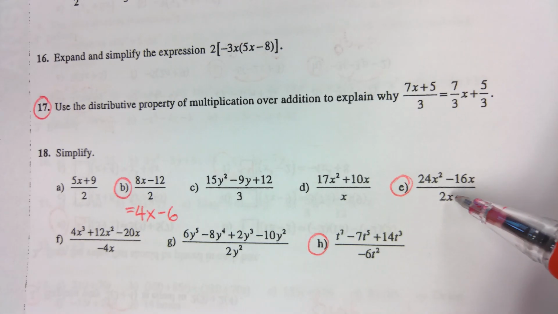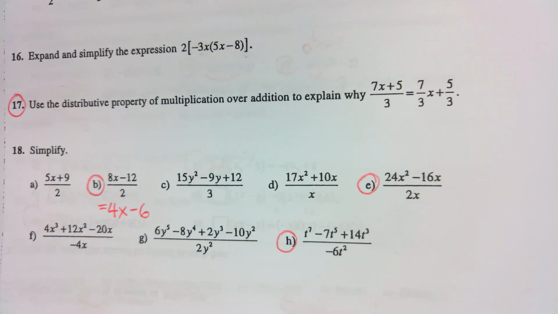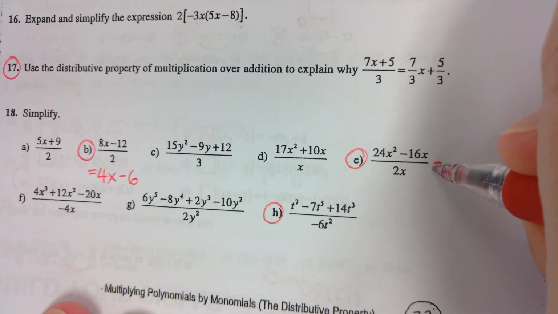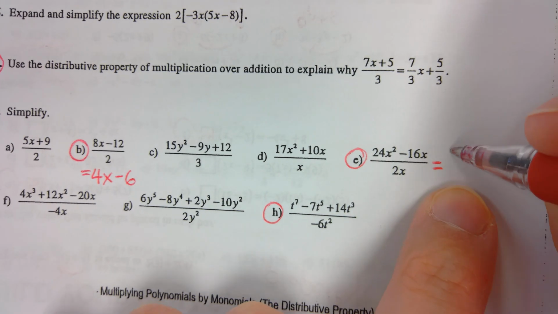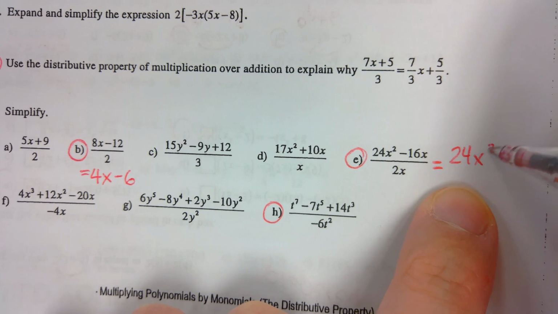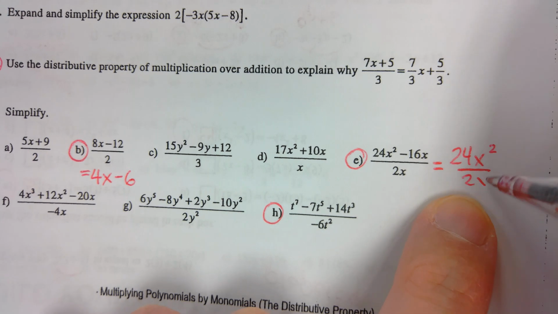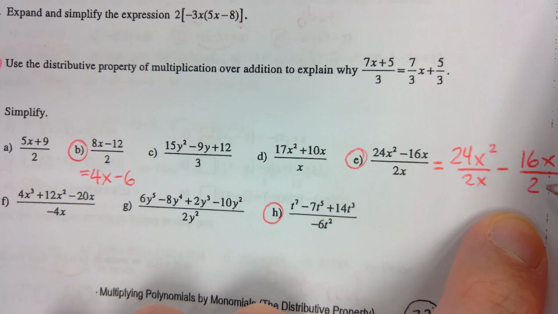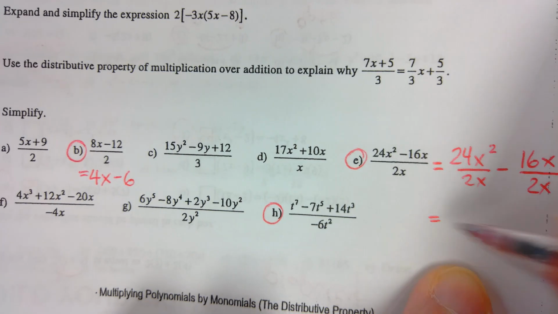What if it's a 2x? Then you have to apply your exponent rule. So if I write it out, it's going to be 24x squared divided by 2x minus 16x divided by 2x. So what do you get?